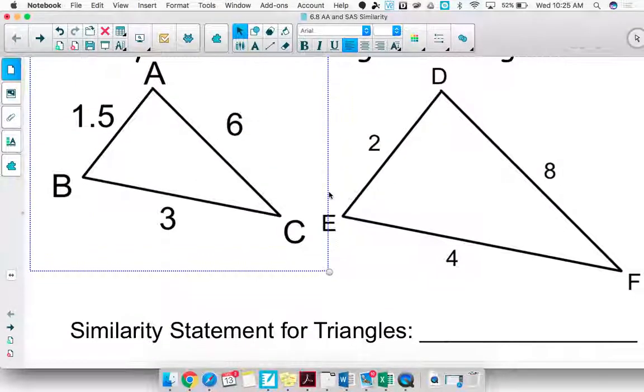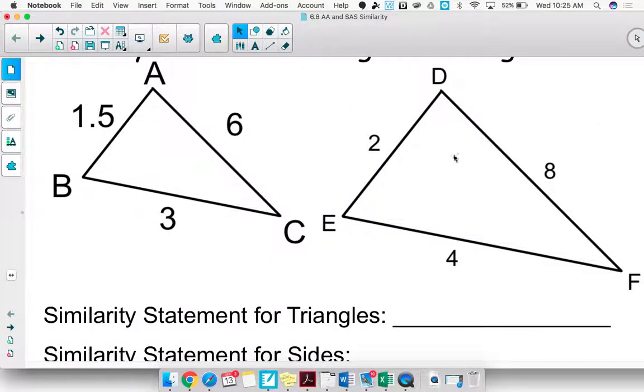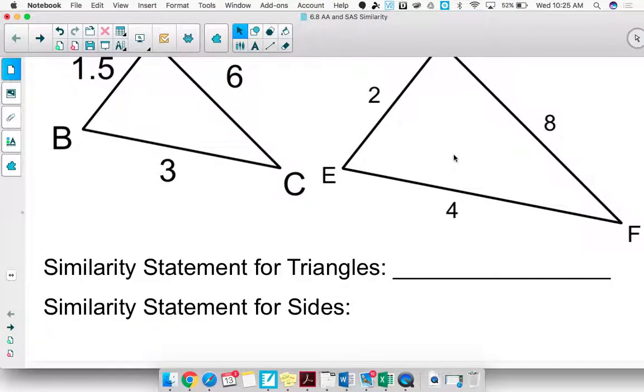What we haven't talked about is how to write similarity statements. The first question on yesterday's homework asked about this, so you'll probably want to go back and make that revision on the homework before you turn it in to me today. A similarity statement is very simple. We're just going to name our triangles, and I'm going to name the one on the left ABC.